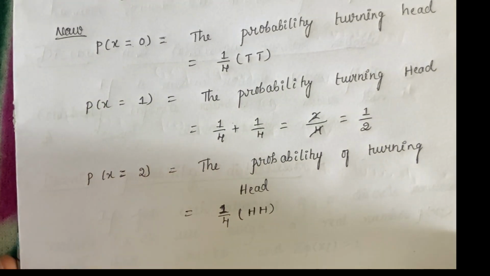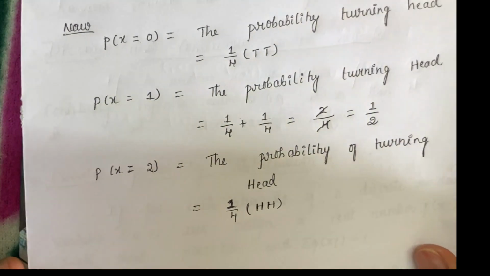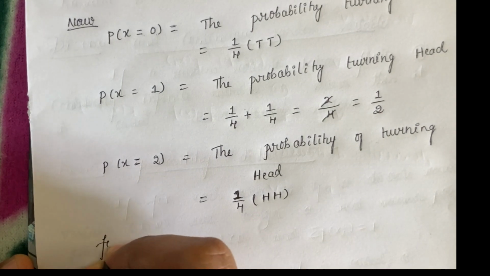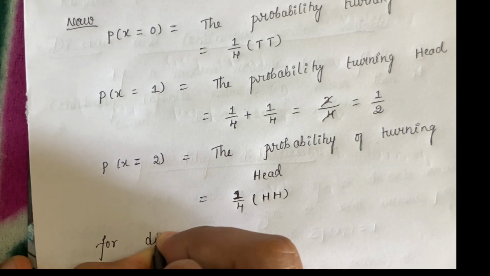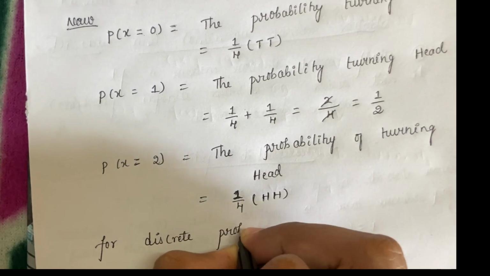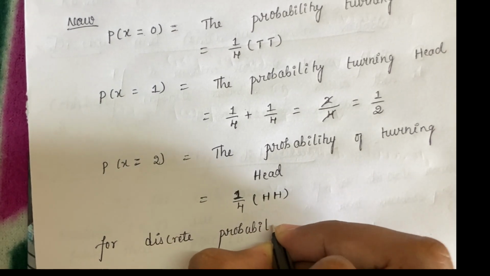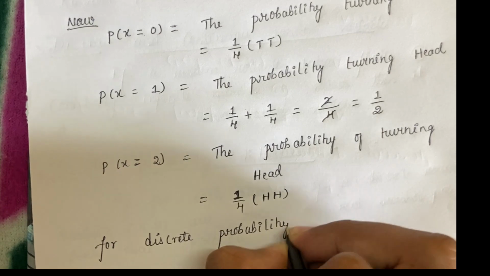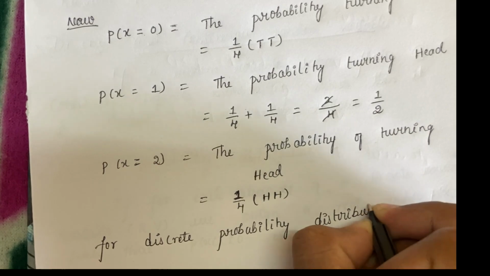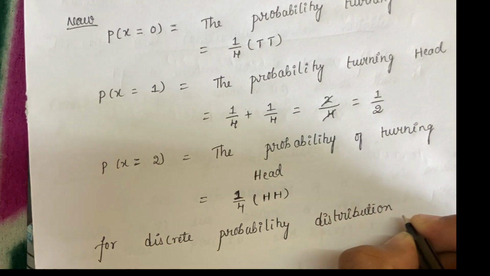Now what they are told is to find the discrete probability distribution. For a discrete probability distribution, we have conditions, right?